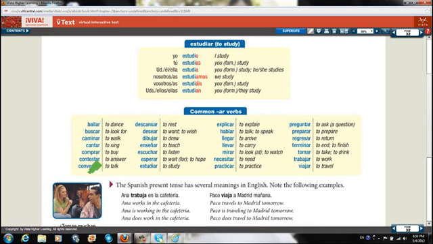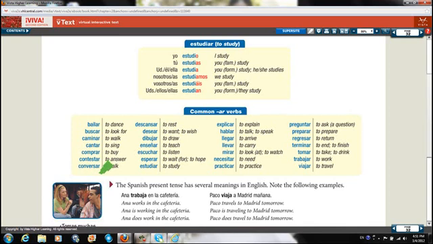Next one. Contestar. To answer. And of course we get the English word contest and to contest something in court, to argue it, to disagree, to contest. Both of these words come from Latin. So our AR verb to answer is contestar.